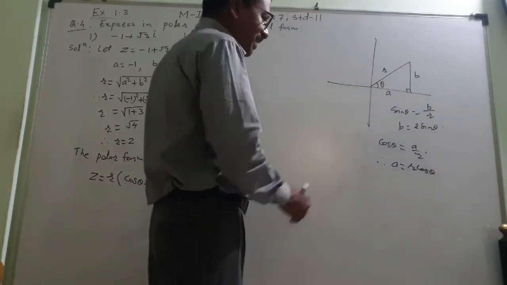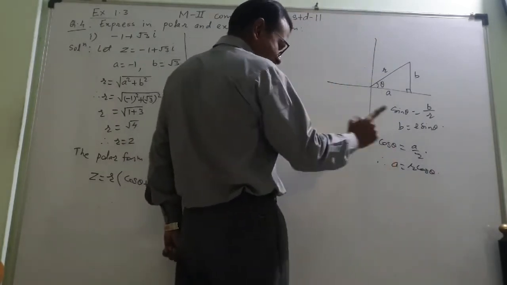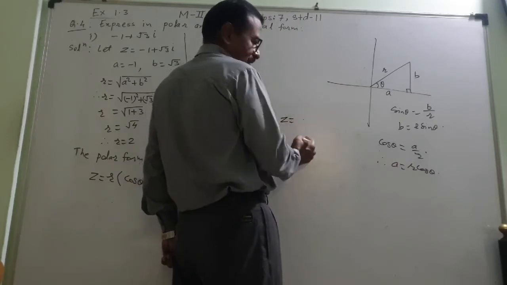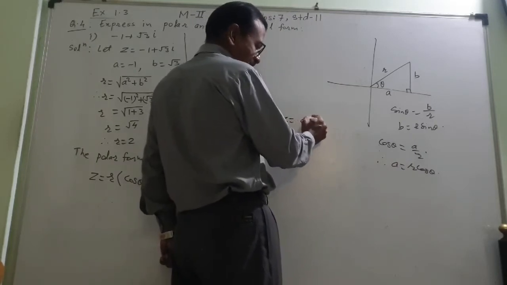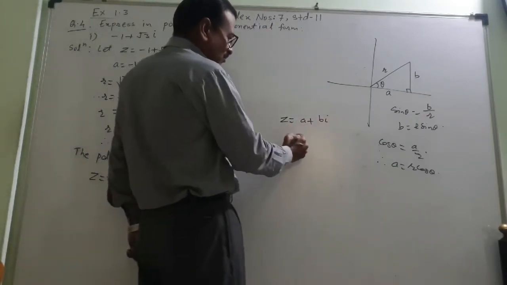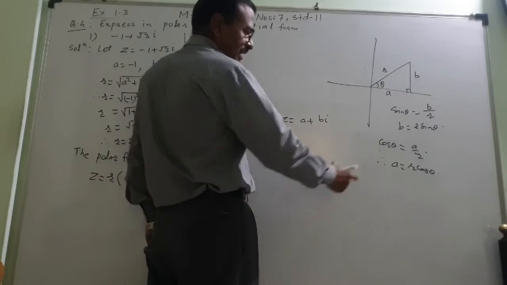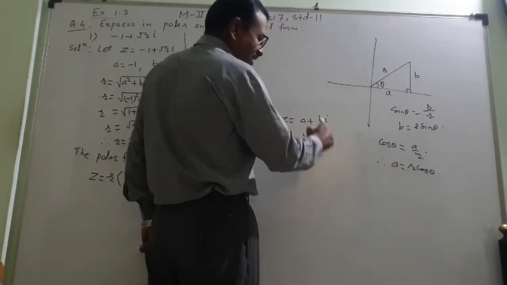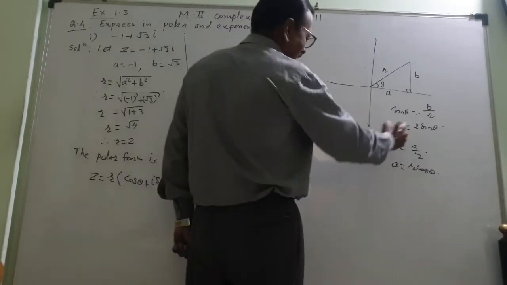So the same thing I will use as Z is equal to, what is that? A plus Bi. This is our form. That is equal to, what is the value of A? A is R cos theta. What is the value of B? R sin theta.